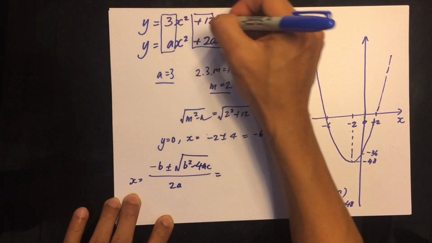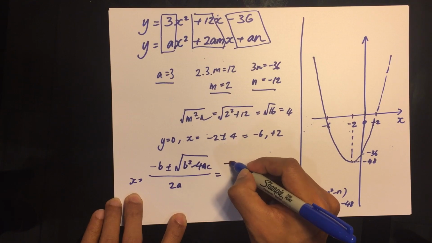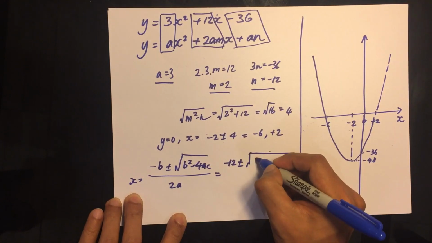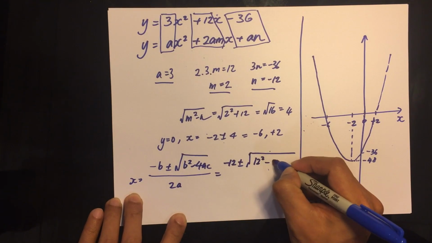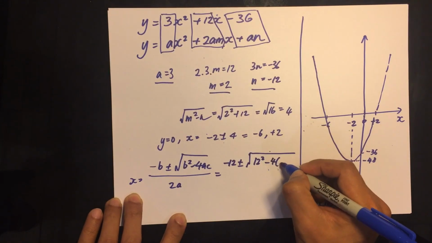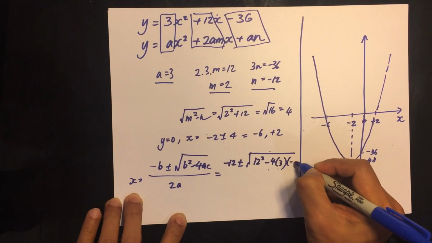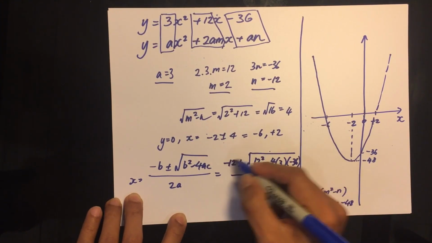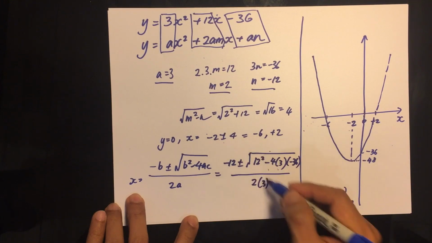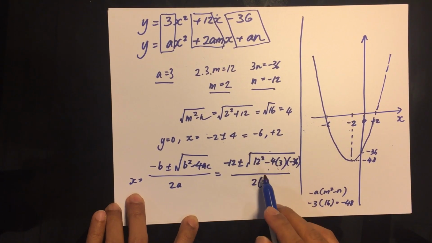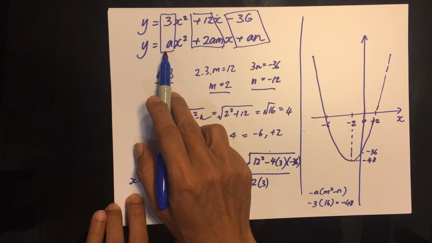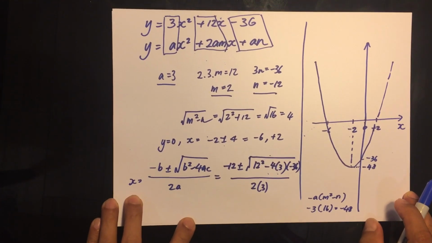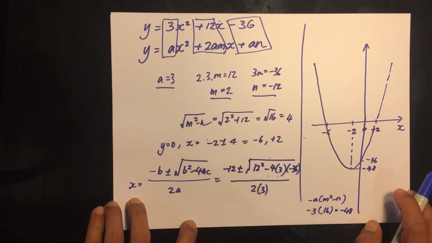If you substitute all these numbers in, you would get negative 12 plus minus the square root of 12 squared minus 4 into a, which is 3, into c, which is negative 36, divided by 2 times 3. Good luck with that. That's a little bit messy. You can see that this approach, the m and n approach, is a little bit neater for this specific example.